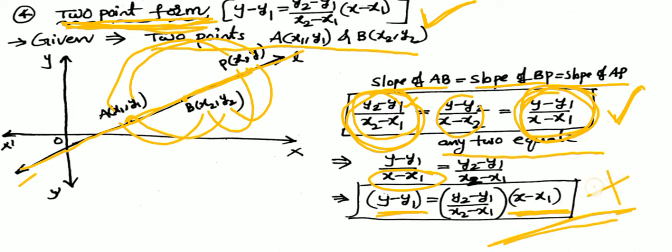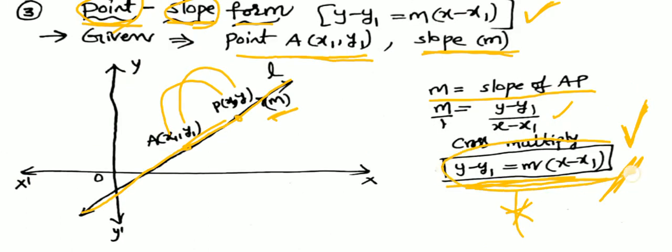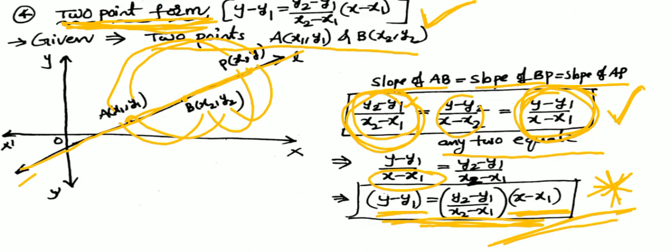This is also very important. Whenever two points are given, to find the equation which passes through two points, we have to use this formula. Remembering this formula is difficult, but if you remember the previous one, in place of m, just replace (y2 minus y1) by (x2 minus x1), and this formula will come.